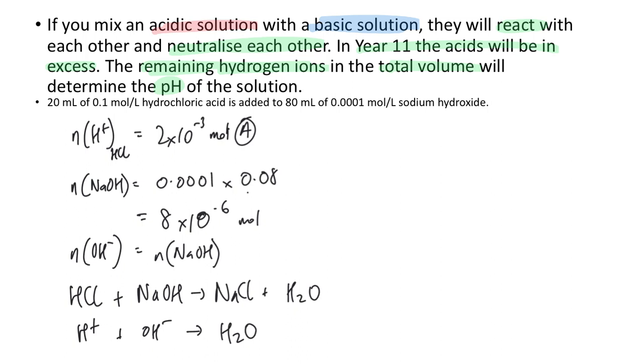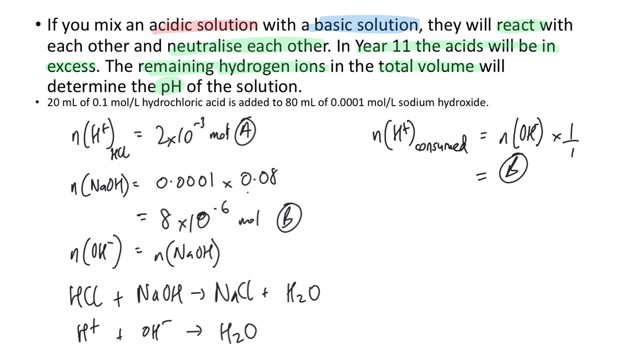But you just need to work out the stoichiometric ratio between the hydrogen ions and the hydroxide ions, which happens to be 1:1. So the number of moles of H+ which will be consumed by the OH- will be equal to the number of moles of OH- times 1:1, which happens to be this value here, which we'll save as B.